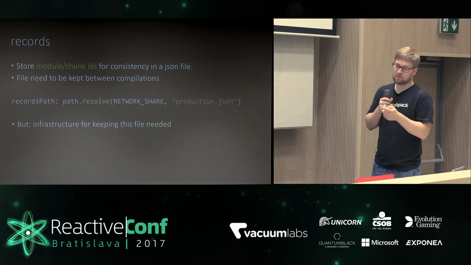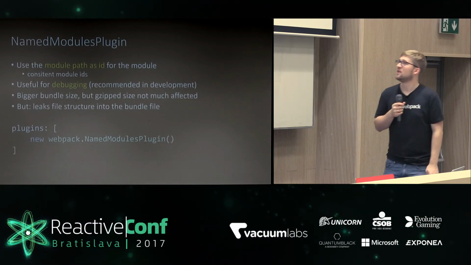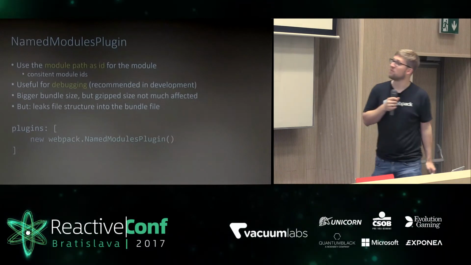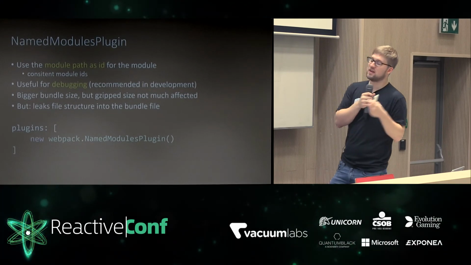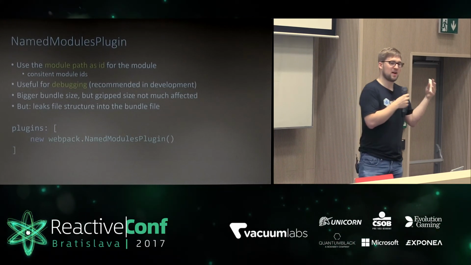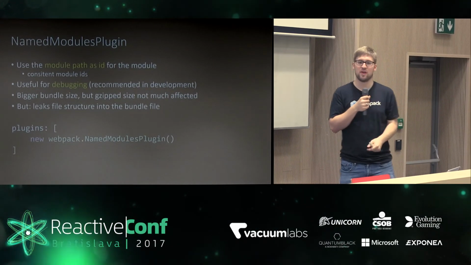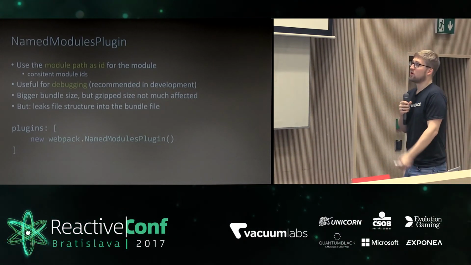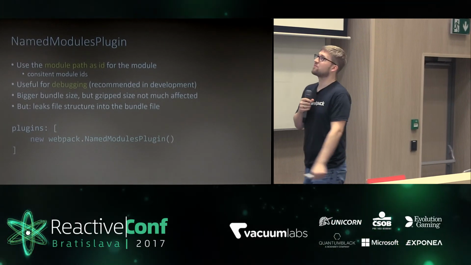Yep. So if you don't want to use this overhead with infrastructure, there's an alternative which doesn't create that optimized bundles, but it basically uses the module name as module ID, so it's just a string with the module name. It's also useful for debugging because you see all the names in your bundle.